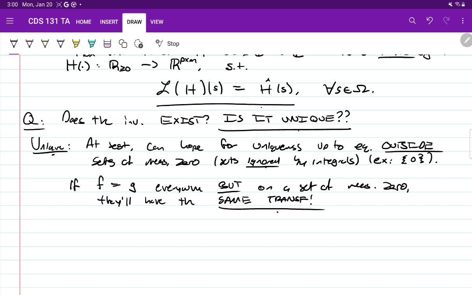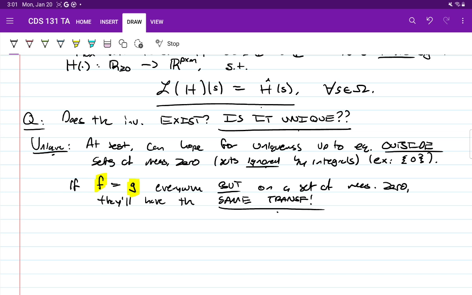So once we have those transforms and we go to invert the transform, we won't know which function to pick, f or g, because they both have the same transform. This means that really the best we can ask for is uniqueness of the inverse up to equality outside of sets of measure 0. If two things differ on a set of measure 0, it doesn't matter. And this will be a pretty satisfactory answer for us.